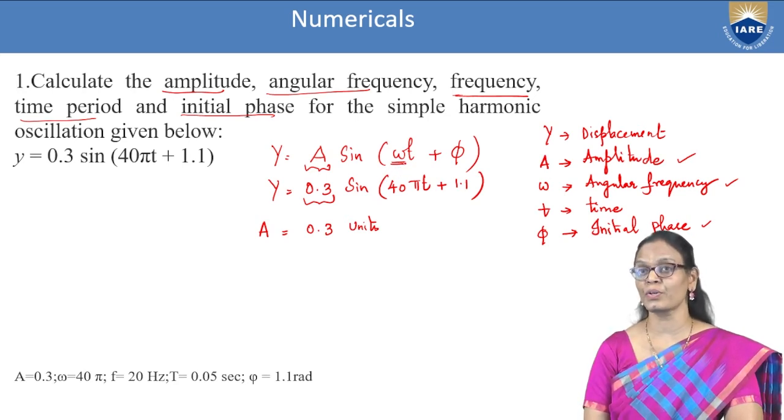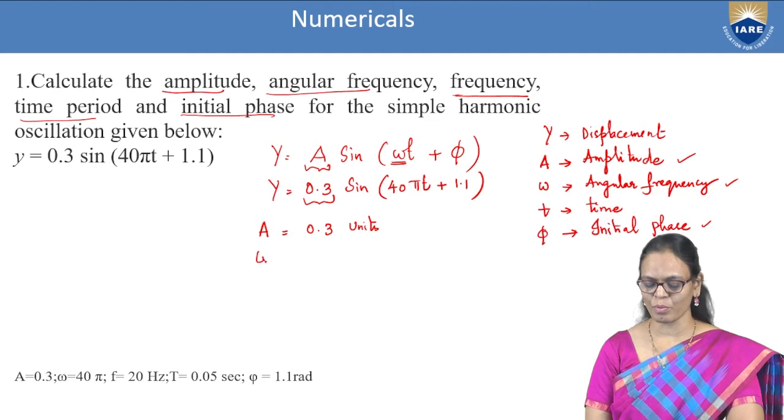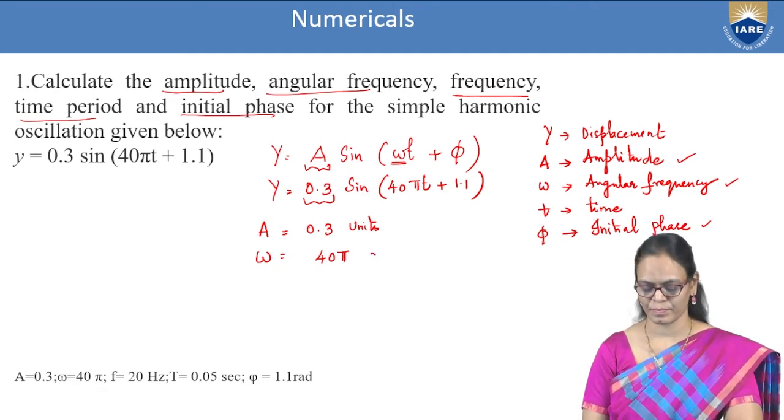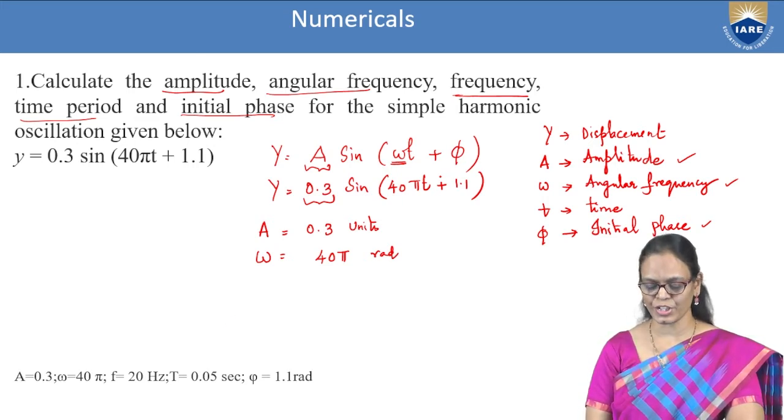It is the angular frequency. So for omega, we have 40 pi. So the angular frequency is given by 40 pi, in radians we write. And in case of phi, that is the initial phase, phi is equal to 1.1.